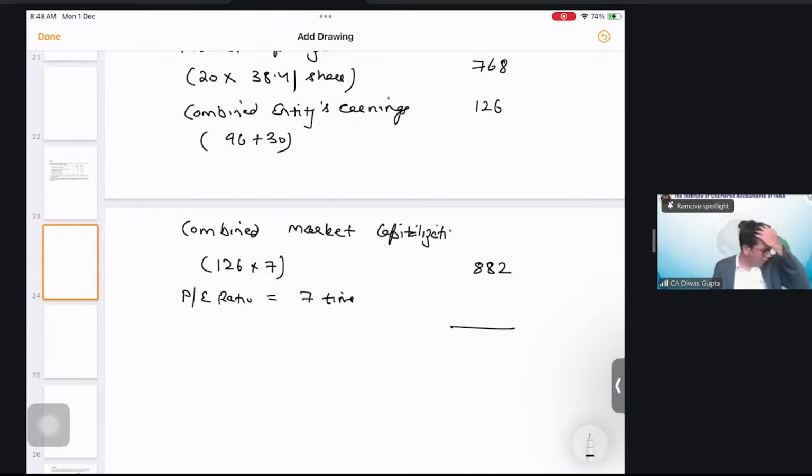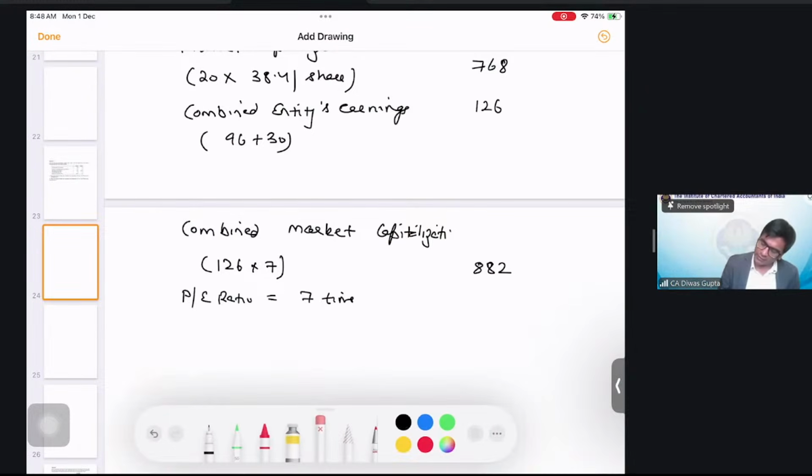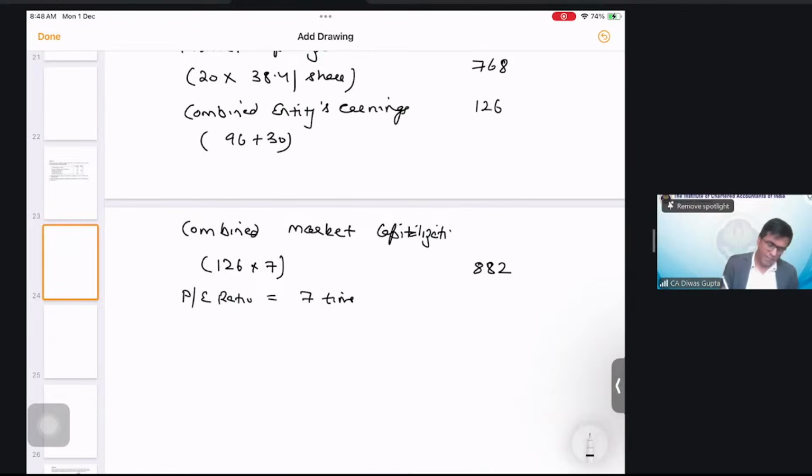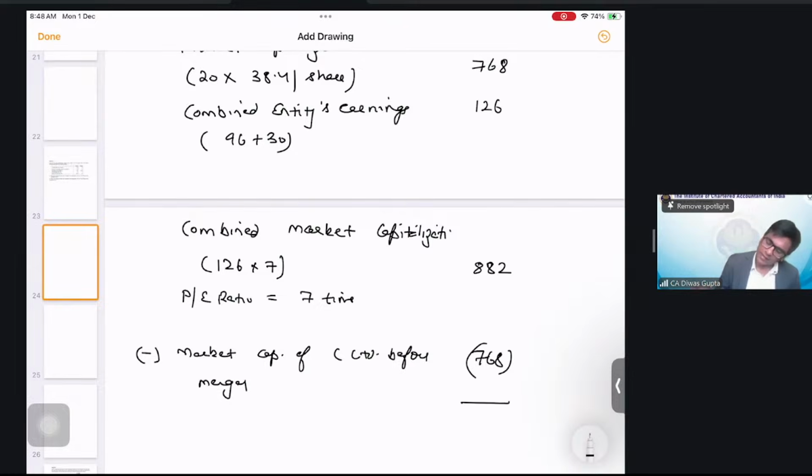And hence, let's write it again below here. Minus market cap of C Limited before merger, 768.